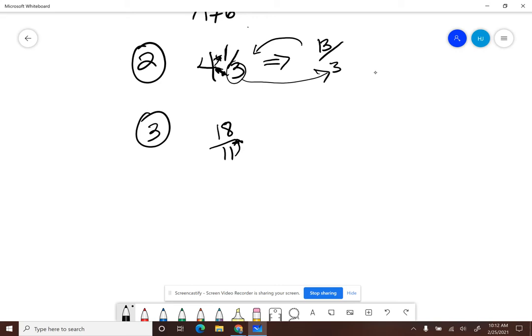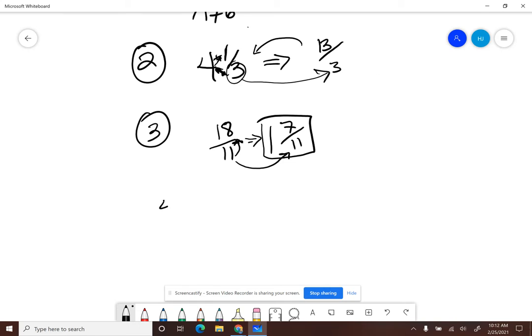Well, we know that it'll only go into 18 one time evenly, and 11 times 1 would be 11. And then I ask myself, how many would I have left over? Think about it in terms of a remainder, if you remember doing a remainder way back. So if I took 18 minus 11, that would give me 7 as a remainder. And then again, my denominator just stays exactly the same as it was. So my answer here would be 1 7/11.